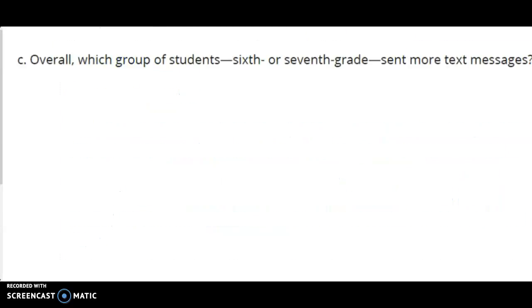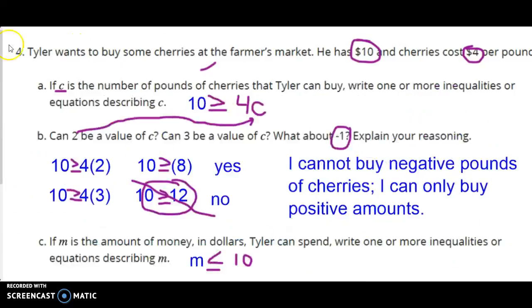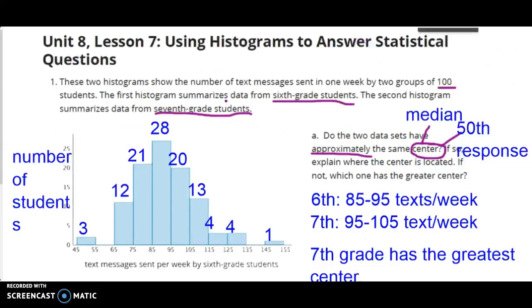Overall, which group of students, 6th or 7th grade, sent more text messages? When I look at my concentrations here, 75 to 125 versus 45 to 155, I'm getting most of my responses in this range right here.